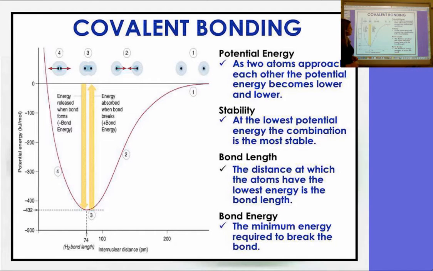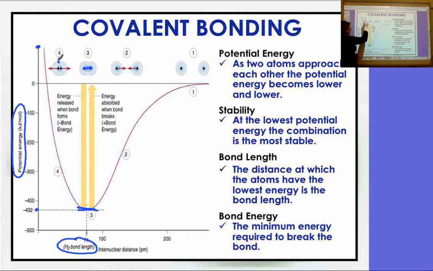Here's another diagram that shows, this is my energy level, so this will be very high energy up here. This will be very low, this will be the lowest energy spot right here. And at this lowest energy spot, there's a perfect length for the bond, for where the two nuclei are exactly at a perfect distance apart from one another.